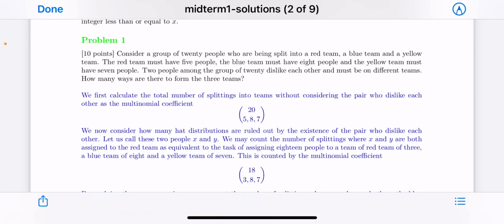This is exactly what's counted by the multinomial coefficient 18 choose 3, 8, 7.